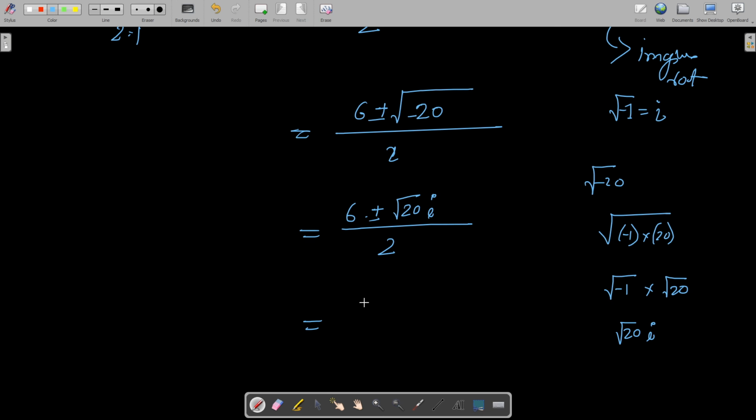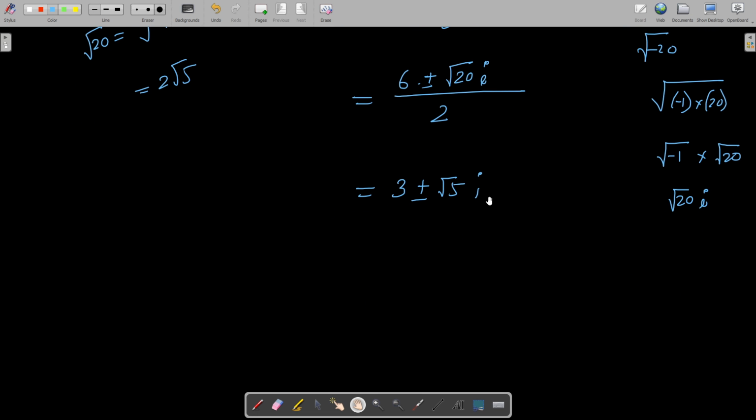Now what can we do? If we divide by 2, 6 by 2 is 3, and under root of 20, I can write it as 4 into 5. So 4 will come out as 2 root 5. So 2 by 2 gets cancelled. It will be root 5 i. So we got the answer in terms of an imaginary number. So what will be the roots of the equation? They will be 3 plus root 5 i and 3 minus root 5 i.